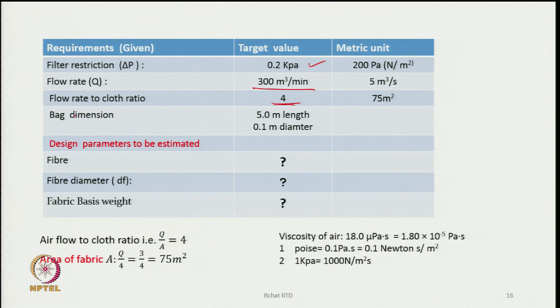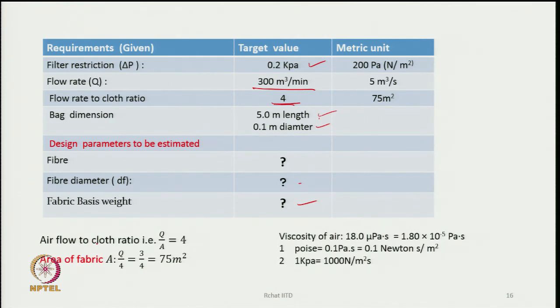The bag dimensions are given: 5 meter in length, 0.1 meter in diameter. What do we have to estimate? What fiber should we use? What should the fiber diameter be? What should the fabric basis weight be? From here, how do I go about it, so that we can get the answers to these questions?